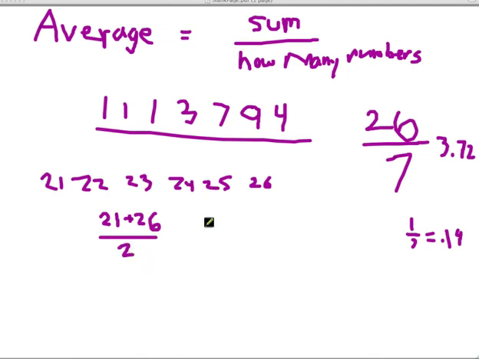So the average of these numbers is going to be 47 over 2. So the average of any sequence of consecutive numbers, just like the one I put up, no matter how long it is, it's always going to be the first number plus the last number divided by 2.